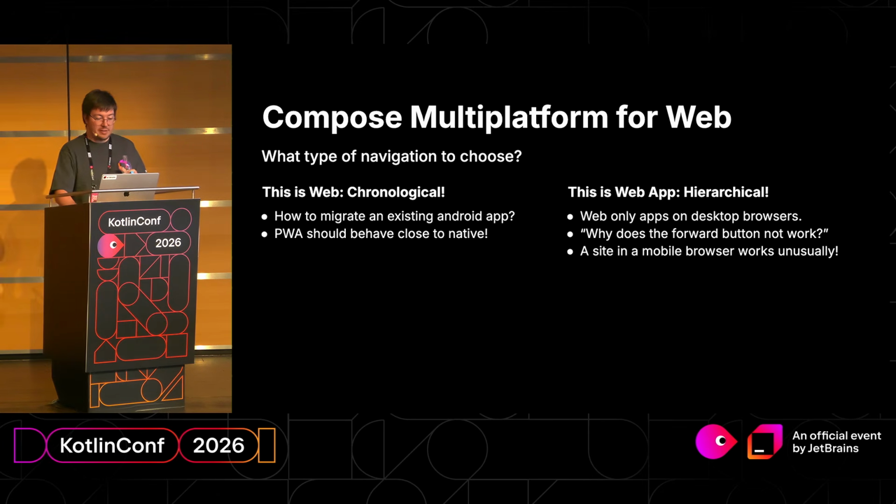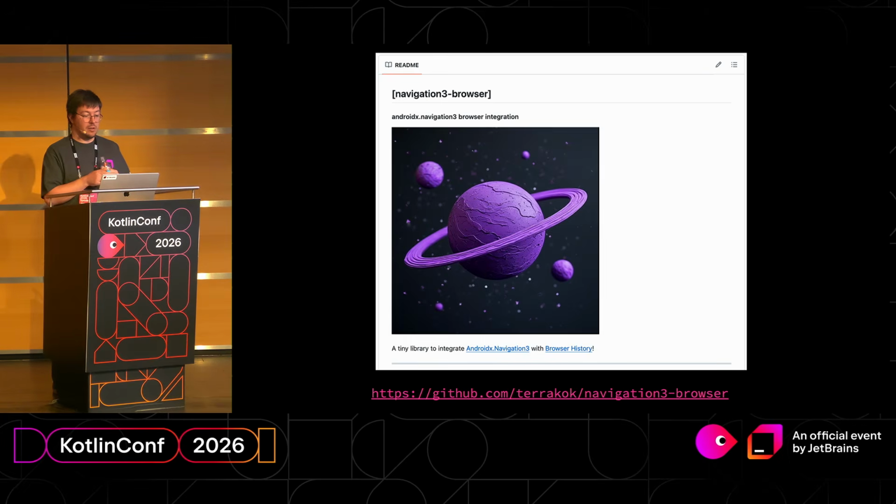And of course, a site in a mobile browser works unusually in that case. And we don't know. I work closely with Google on Navigation 3, and we don't have a solution yet for what should be the default. But for now, I made my small library with both these cases, chronological and hierarchical navigation. So you can configure the library and it will work as you want.